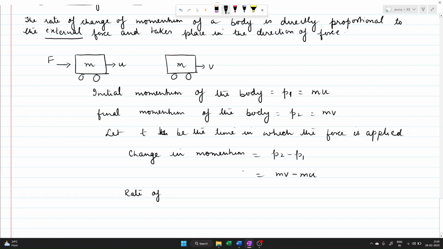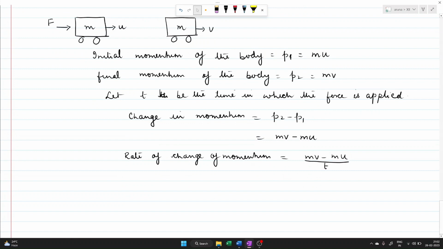Now, whenever we say rate, rate means you have to divide that quantity or the change by time. That is the meaning of rate. So rate of change of momentum will be (mv minus mu) divided by t. It's very simple.